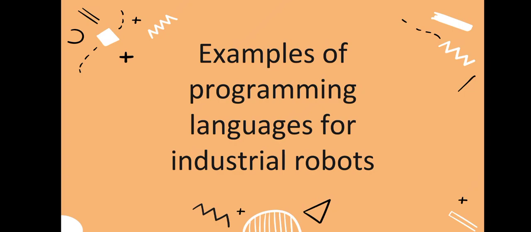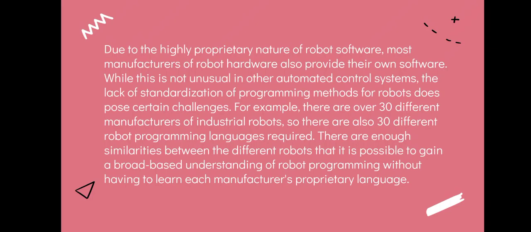So here are examples of programming languages for industrial robots. Due to the highly proprietary nature of robot software, most manufacturers of robot hardware also provide their own software. While this is not unusual in other automated control systems, the lack of standardization of programming methods for robots does pose certain challenges.